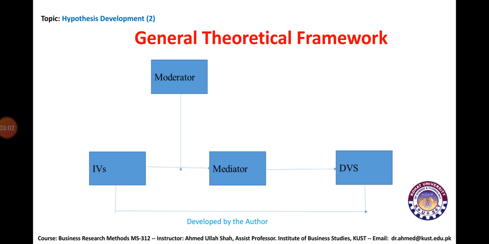Initially, on the very left hand side, we have the independent variable. In any theoretical framework, on the left hand side we will have our independent variable, while on the very right hand side we will have our dependent variable, and in between the independent and dependent variable we will have our mediating variable or mediator variable, which is also called an intervening variable.